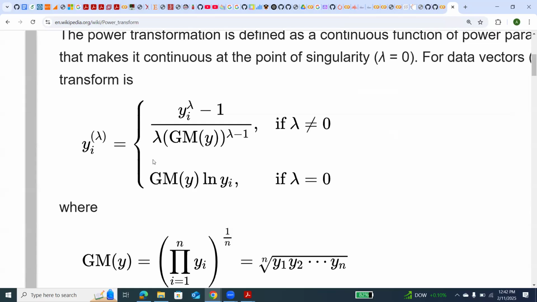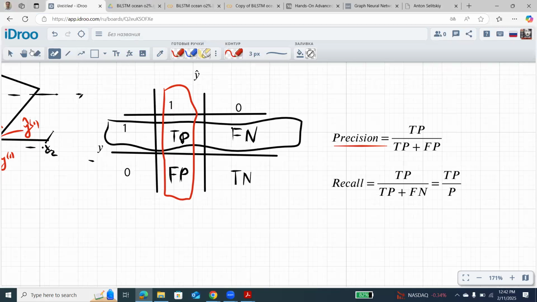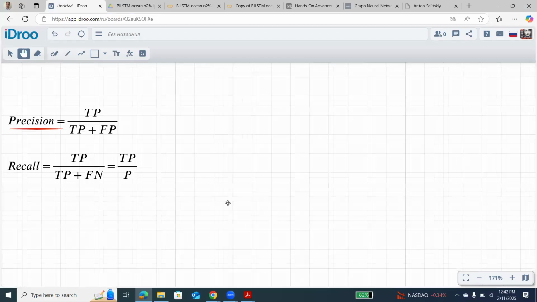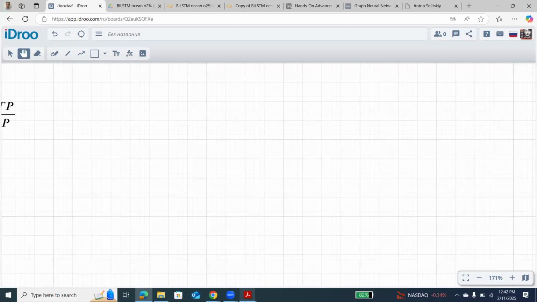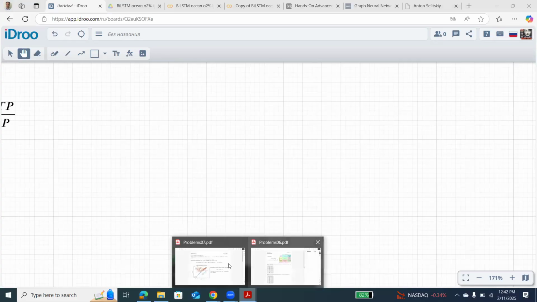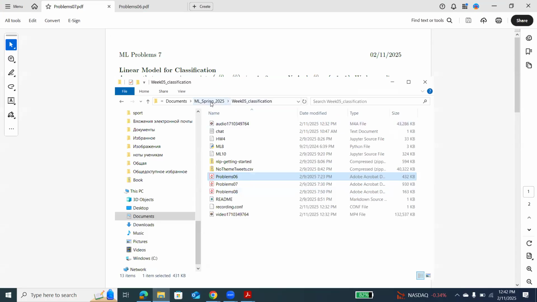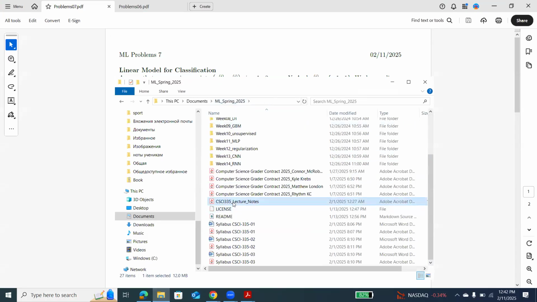And now I want to use this linear model for classification task. So let's look at this picture.